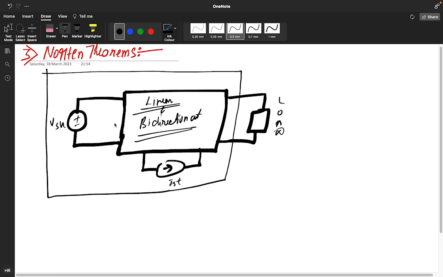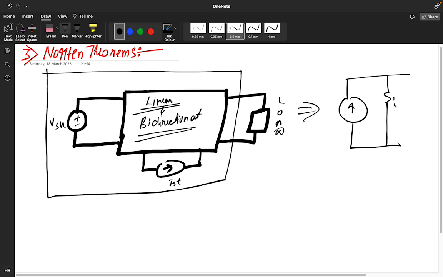It can be replaced in this way: one current source and one RN, and whatever the load resistance is, it will be parallel to this. This is your Norton current, IN.